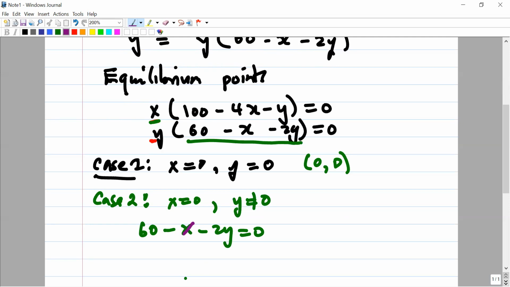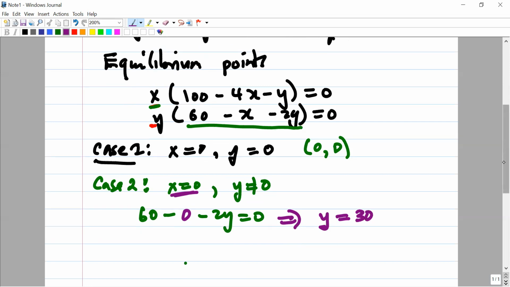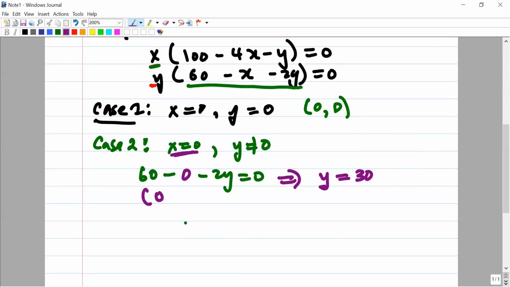But x is already equal to 0 by this assumption, so we put a 0 there. This implies that y is actually equal to 30. So in this case, we have another equilibrium point where x equals 0 and y equals 30. If you plug these values into the system of equations, it is satisfied. So it's an equilibrium point.